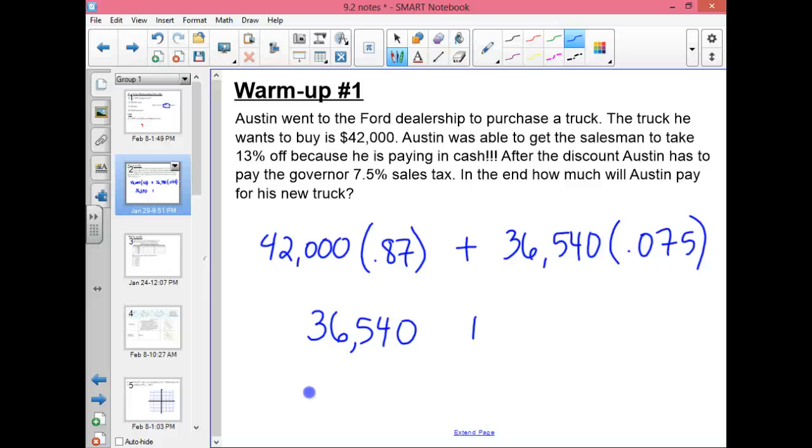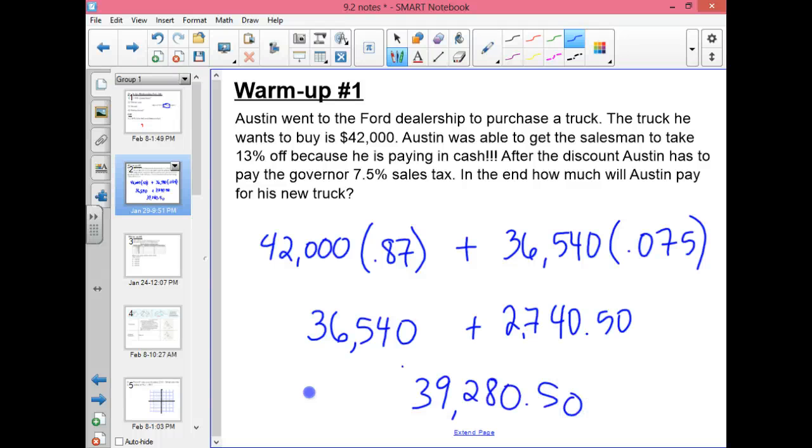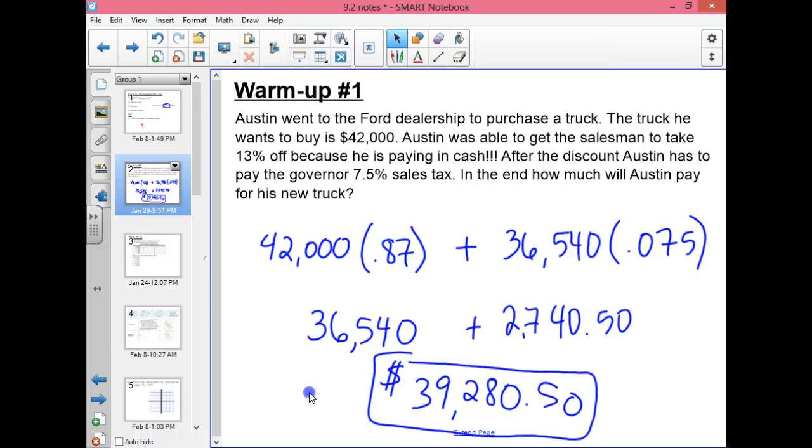When you do that, you get $2,740.50. Okay, so in his grand total, he's going to end up owing this much money for his car. All right. That was the first warm-up.